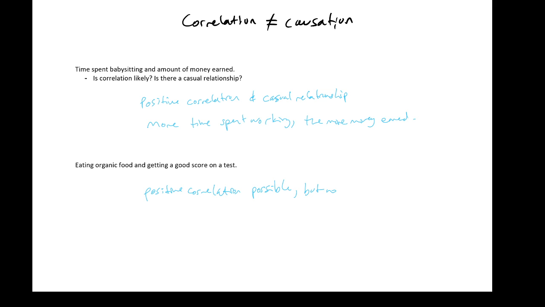I'm sorry, casual. I keep saying casual. It's causal. Causal. Misread that word a few times there. My apologies. There's no causal relationship. And the reason why is that just purely from the outset, eating organic food will not cause a good test score.